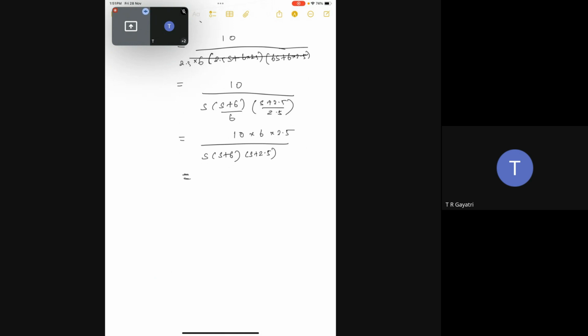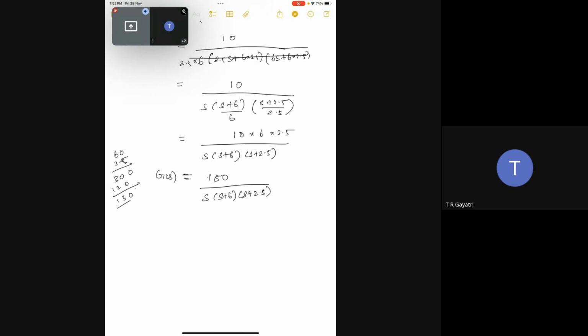This will give me 6 into 2.5, 15. 150 divided by S into S plus 6 into S plus 2.5.